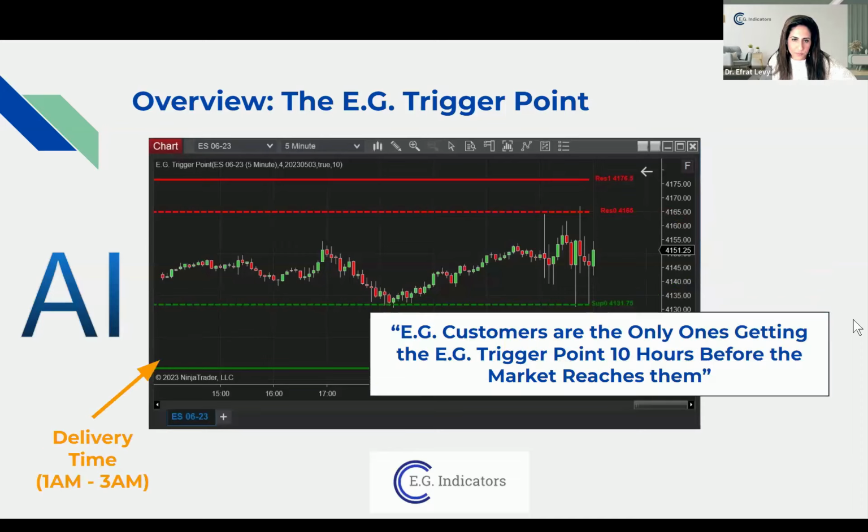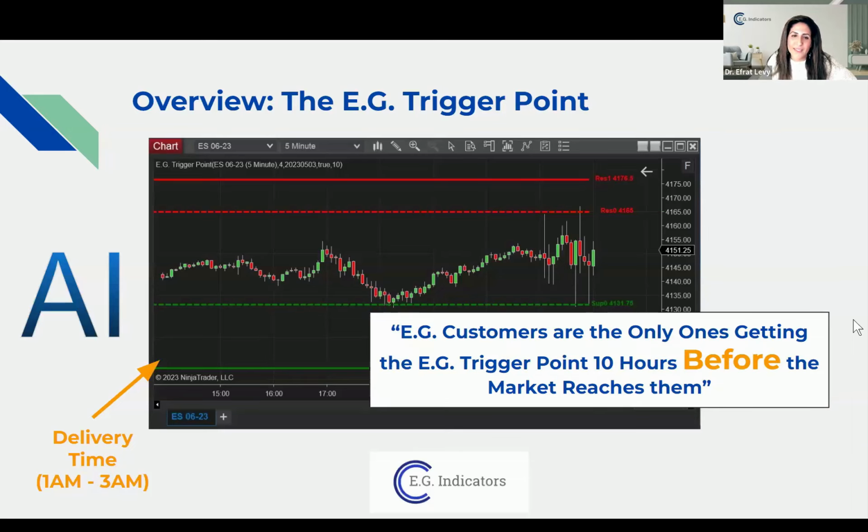EG customers are the only ones getting the EG trigger point 10 hours before the market reaches them. This slogan points to the fact that the trigger point is a leading indicator, meaning that these significant price levels are delivered before the market reaches them.